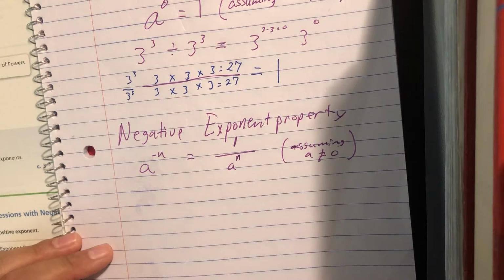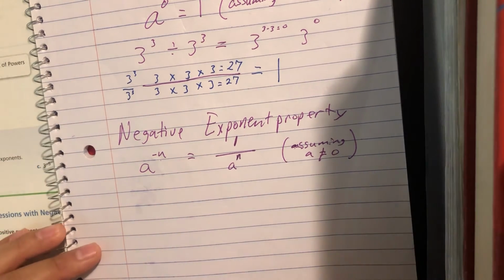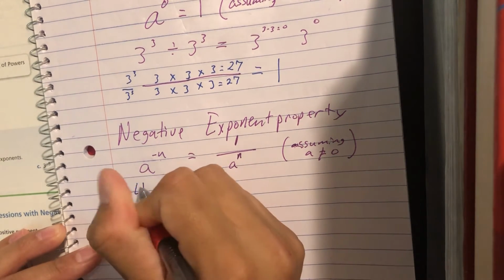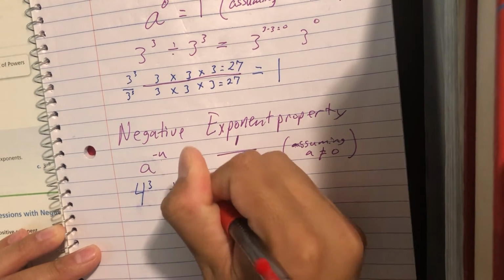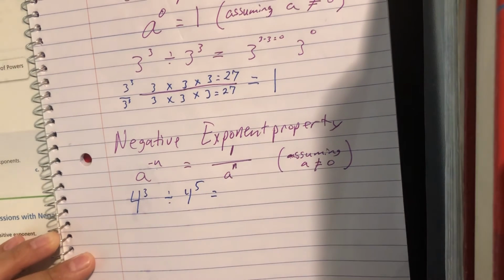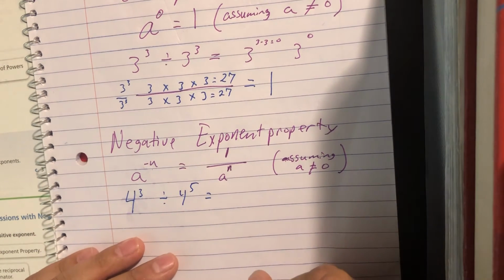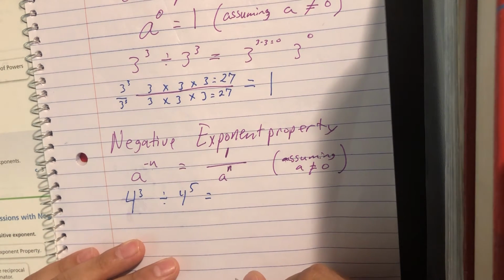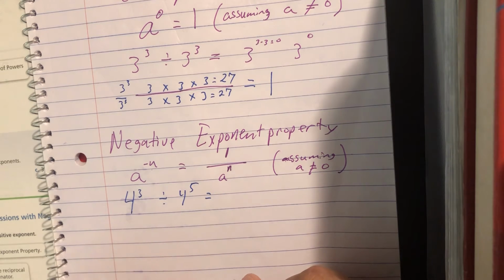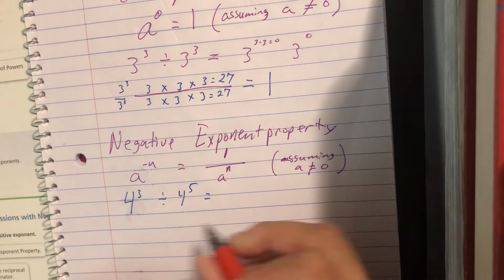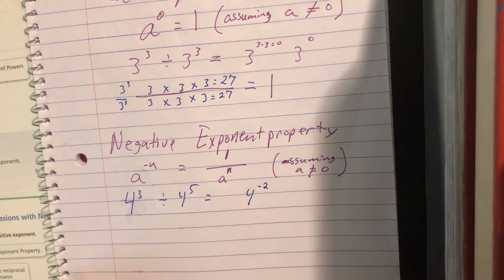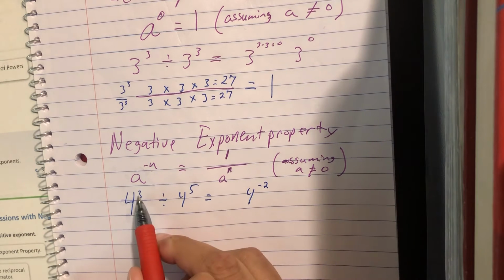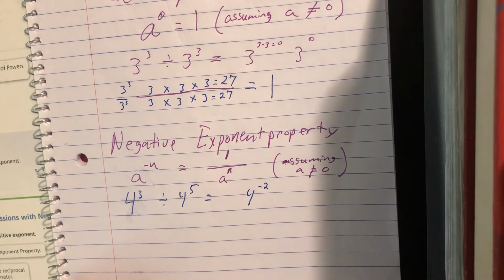Now, how does that work? Remembering back to the subtraction part, if we have 4 to the 3rd divided by 4 to the 5th, we can solve this by subtracting the exponents. That's where we would get 4 to the negative 2, because 3 minus 5 is negative 2.